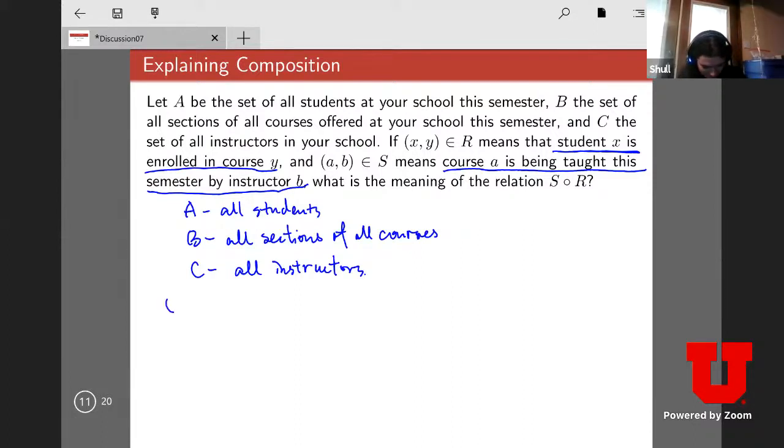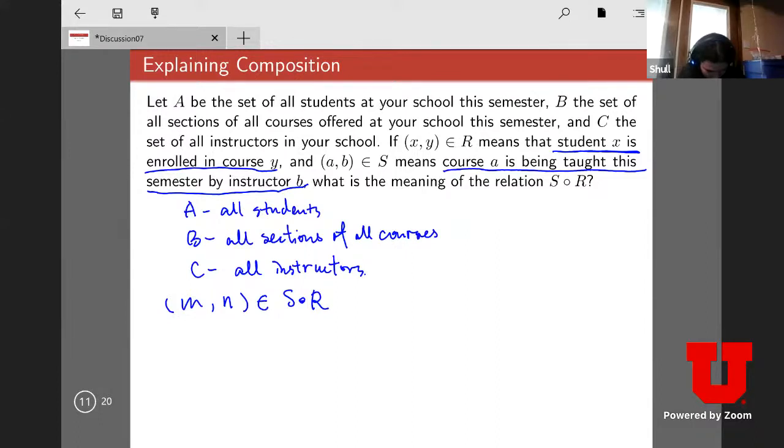So we start with something like M, N in S of R. What does this mean? Just use the definition. We want a transitional element here.